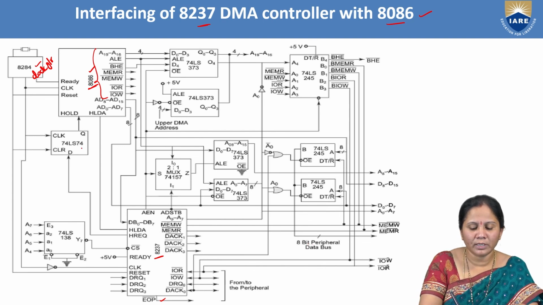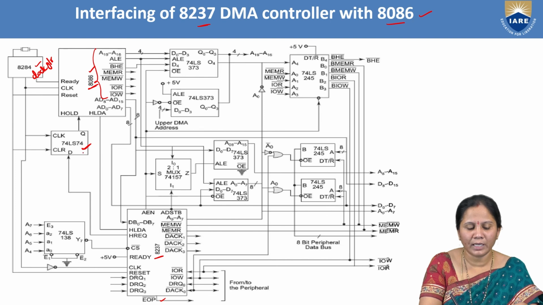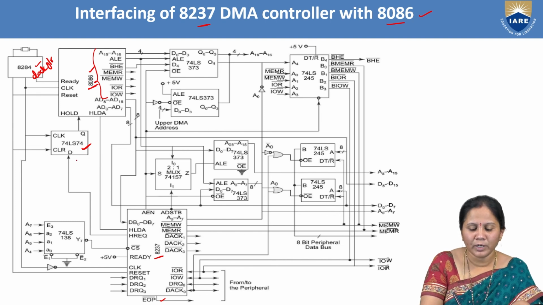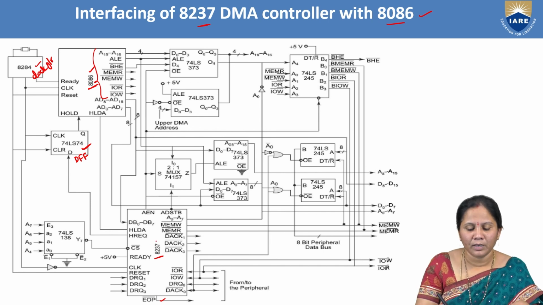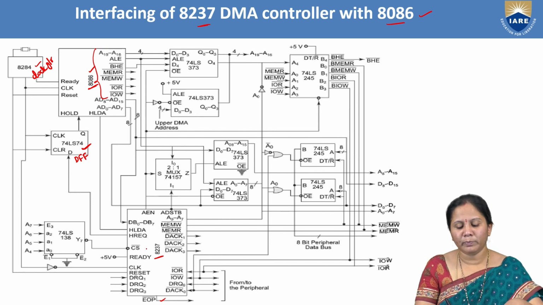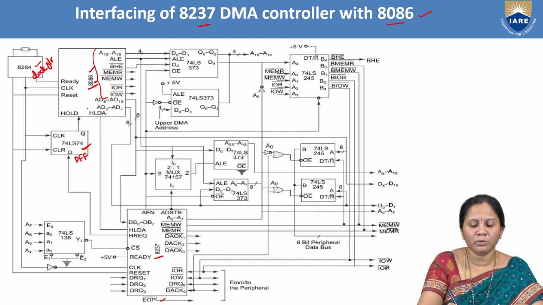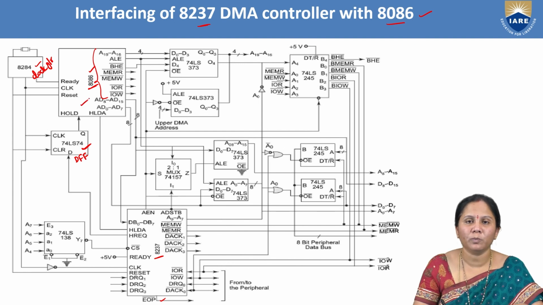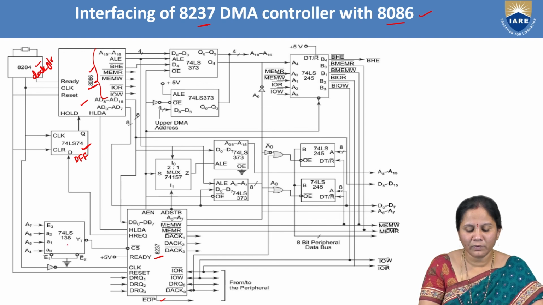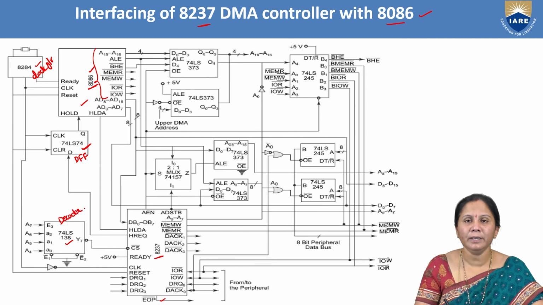Here we have the 74LS74, which is nothing but a D flip-flop. Using this D flip-flop, we are going to interact with the 8086 microprocessor's hold and hold acknowledgement signals. Along with that, we also have the 74LS138, which is called a decoder IC.